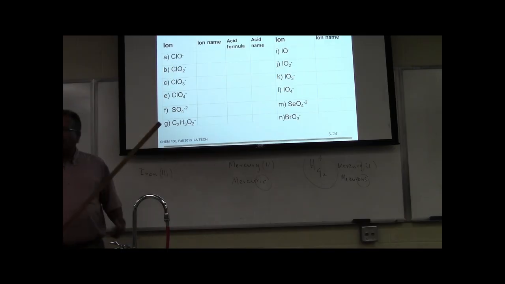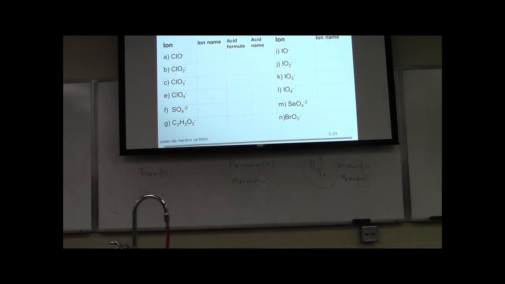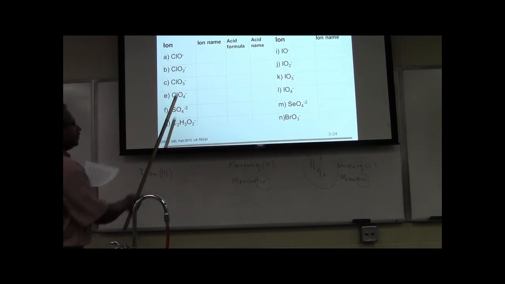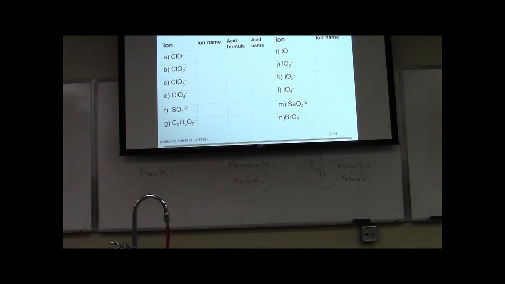It's coming from hypochlorous acid, right? What is the name of that ion? Hypochlorite ion, right? I think in the paper here, I wrote down hypochlorite. This one is chlorite. This one is chlorate.